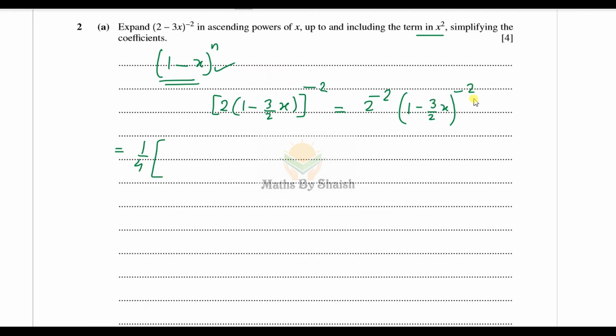And for the expansion of this we will use the binomial expansion when n is not a positive integer. Here it is a negative integer, so we'll use the property. The first property is 1 plus x, n is minus 2, x is minus 3 by 2x, plus n into n minus 1 over 2 factorial and minus 3 by 2x whole squared.